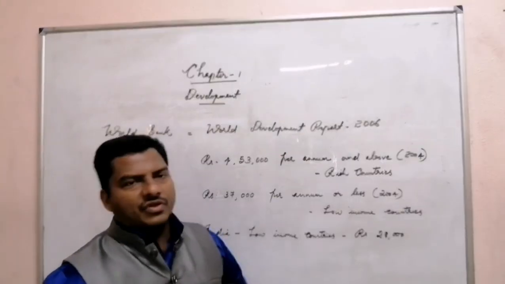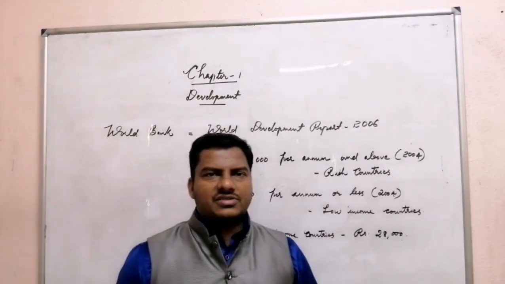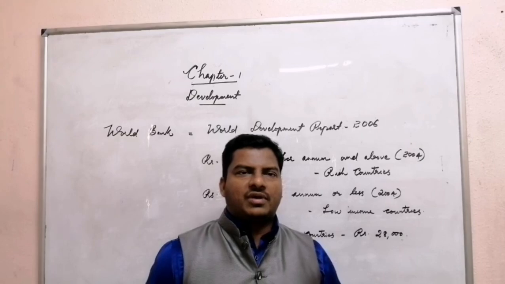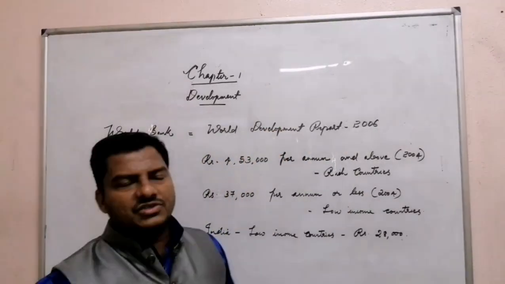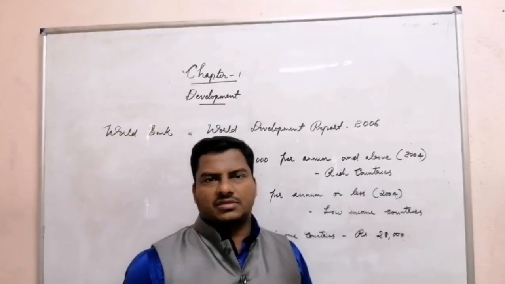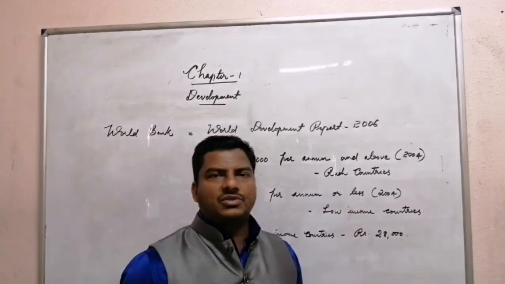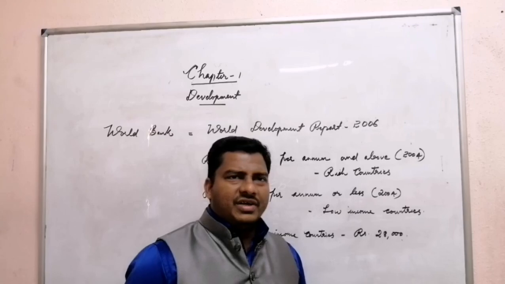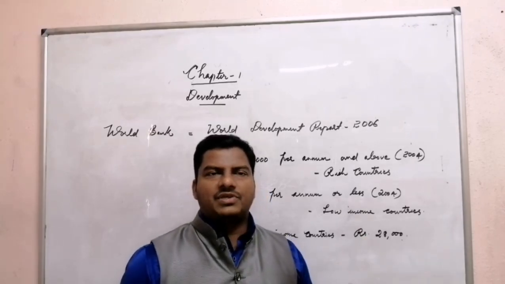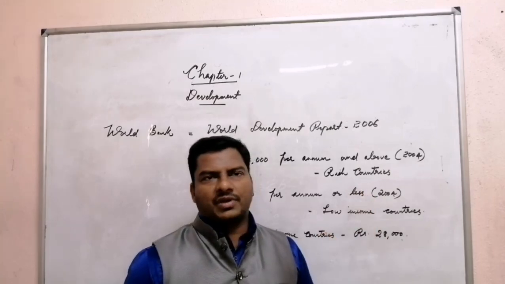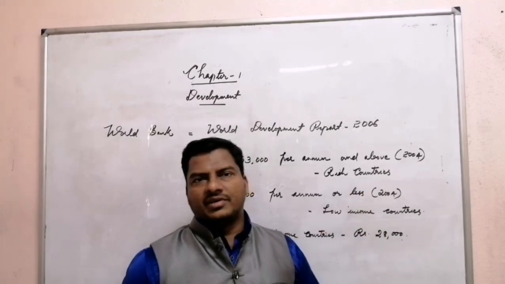And today we are going to discuss the last part of Chapter 1 Economics, Class 10 CBSE. In our last video, the second part of our chapter, we discussed the income indicators and non-income indicators, per capita income and the limitations of per capita income, non-income indicators.